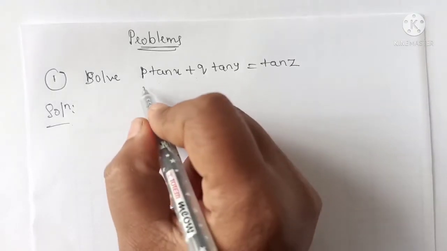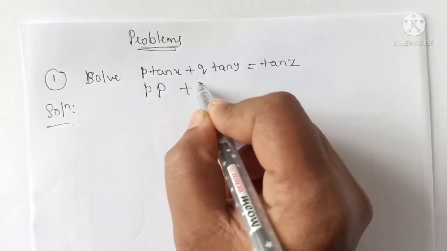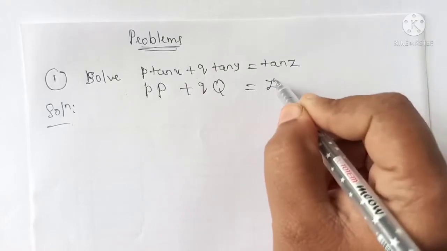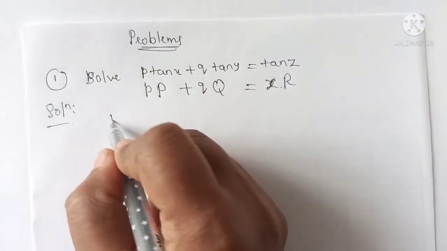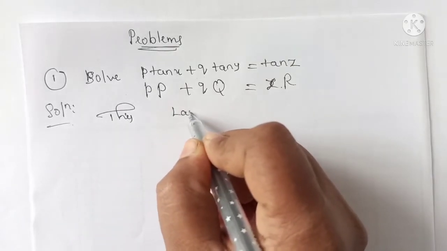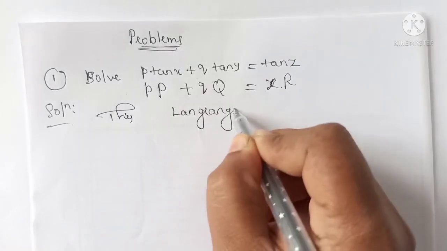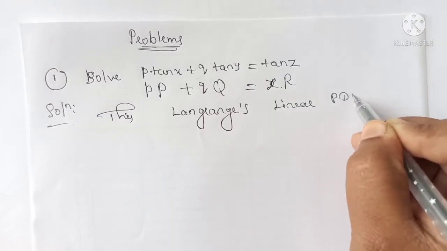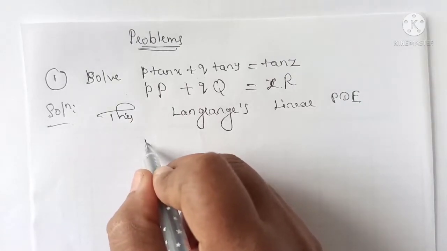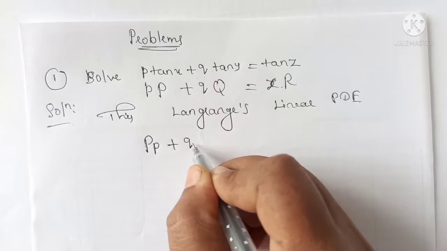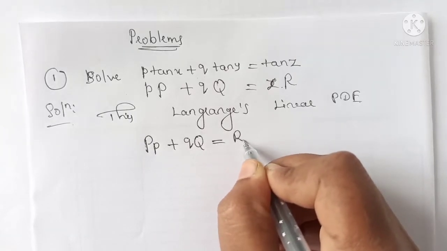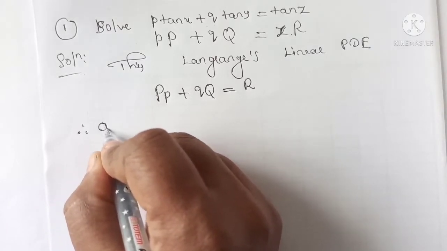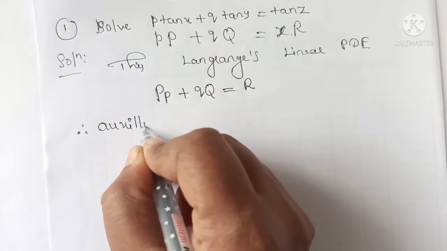Now it is of the form P p plus Q q equals R. So this is a Lagrange's linear PDE of the form P p plus Q q equals R. Therefore, we write the auxiliary equation. The first step is to write the auxiliary equation.